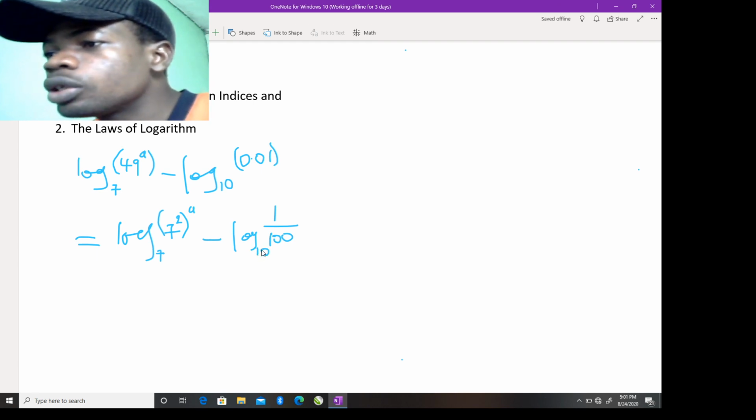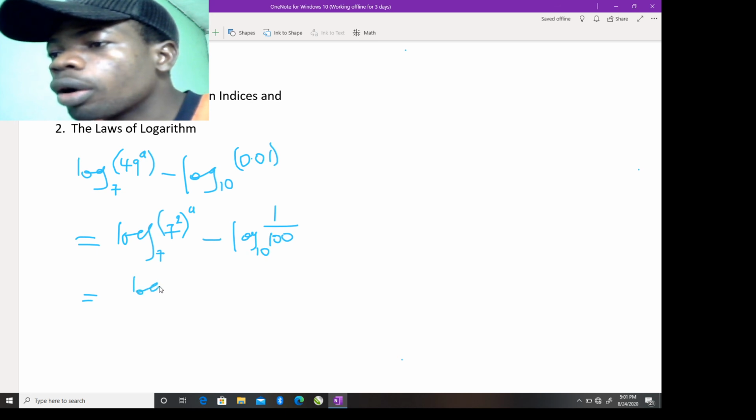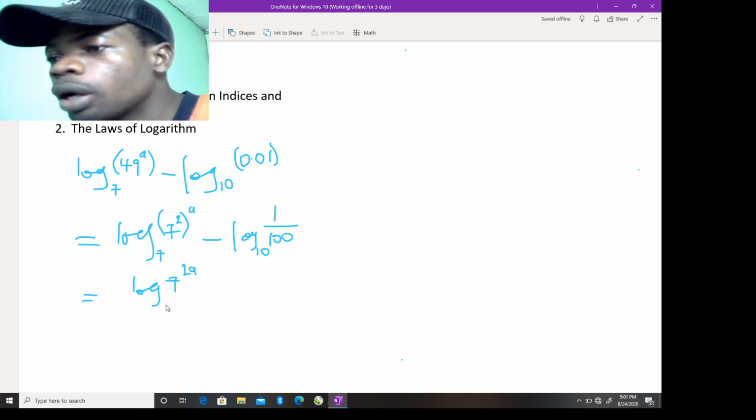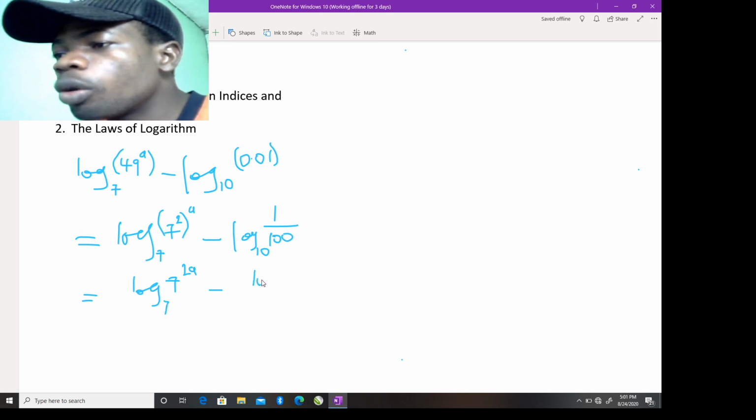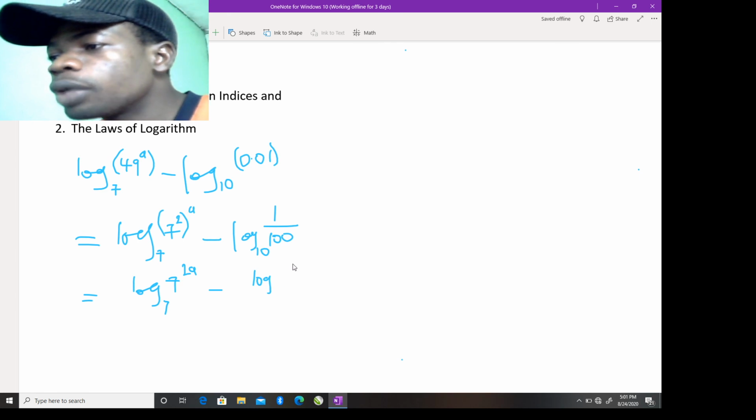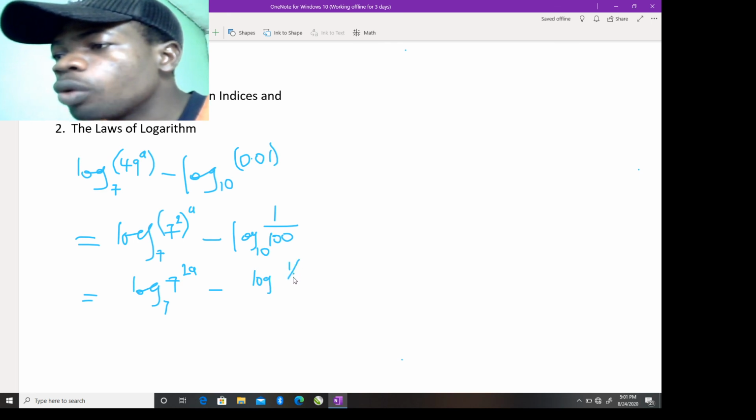Do you see this? This will become what? It will become log 7 raised to power of 2a. Indices, power law. Power multiplies power. Base 7 minus, this will become what? Express the power of 10 as 1 over 10, everything raised to power of 2.